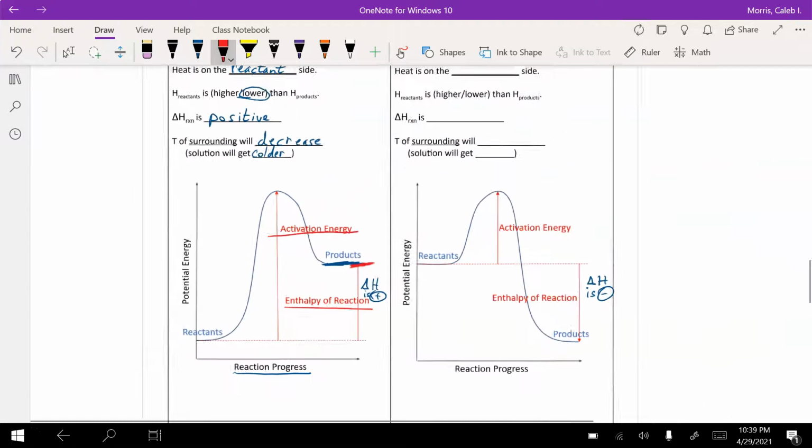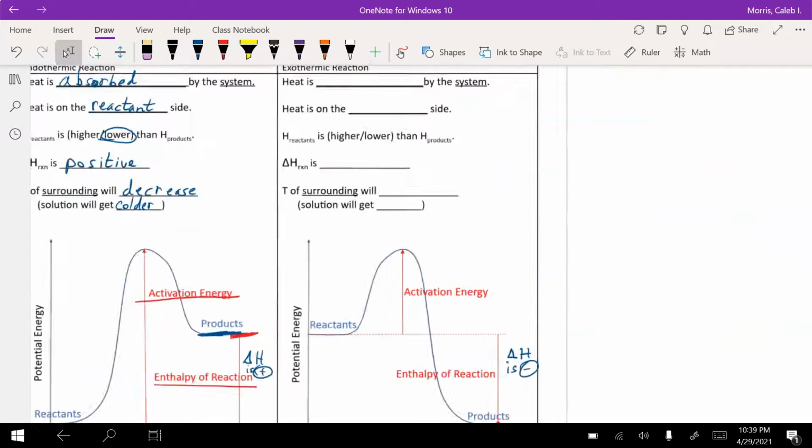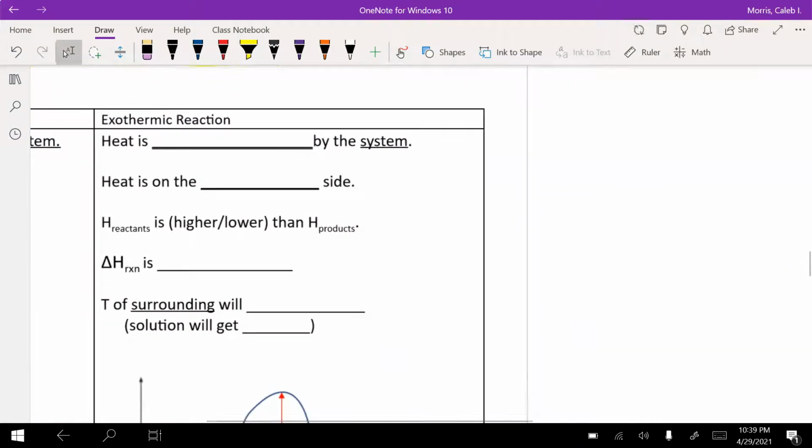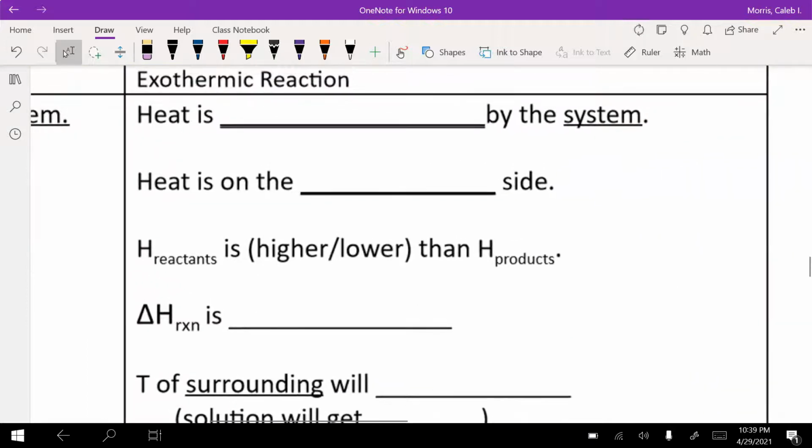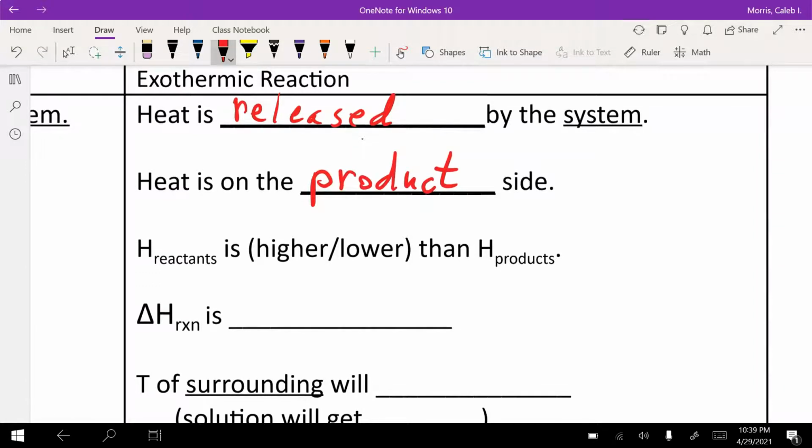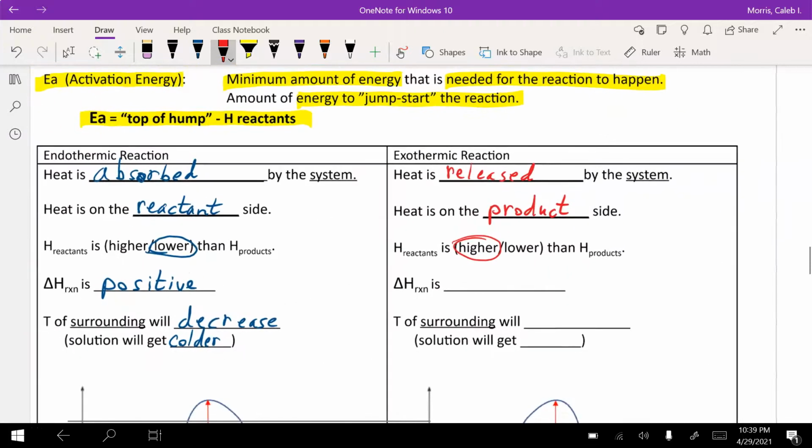Okay, let's look at the exothermic reaction. With an exothermic reaction, heat is released by the system. Heat is going to be on the product side. The enthalpy of the reactants is going to be higher than the enthalpy of the products, which is the opposite of what we said for endothermic again.